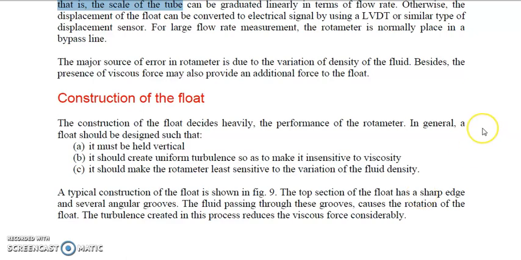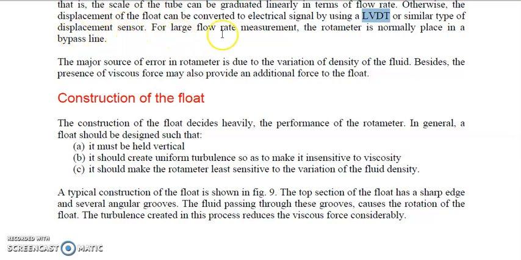Now, as we know that LVDT, linear variable differential transformer, is used for measurement of displacement. So if the displacement of the float can be converted to an electrical signal by using LVDT, then this will act as a displacement sensor.